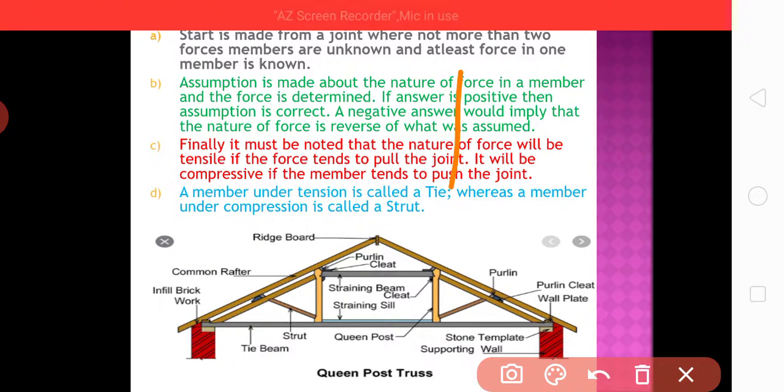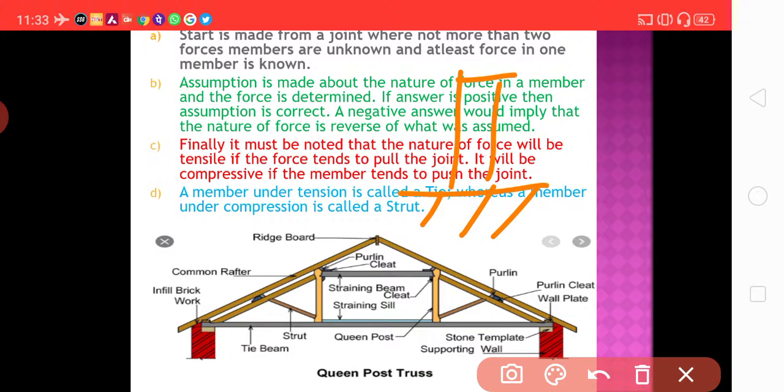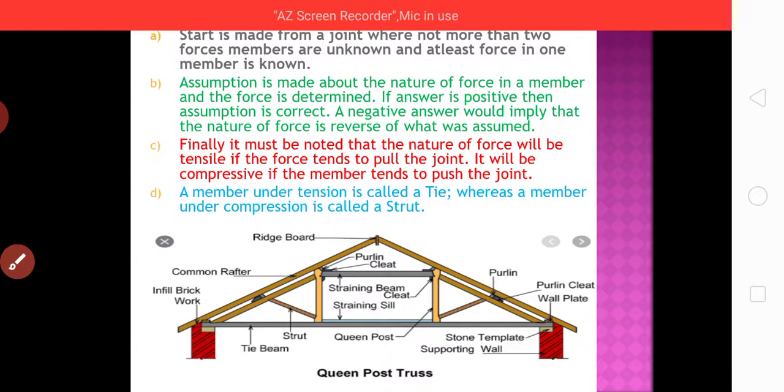A vertical member whose length is less than 3 times its largest cross sectional dimension will be called a post.